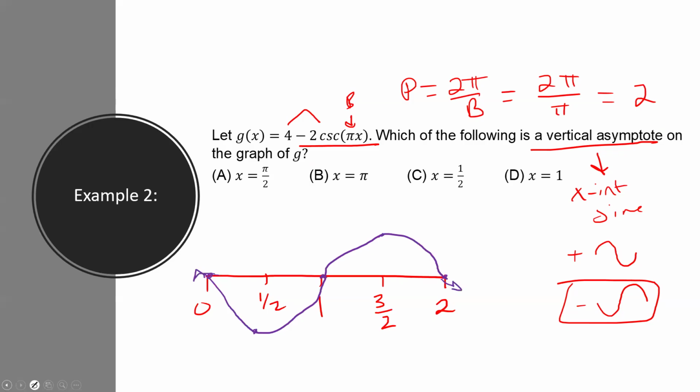Okay? Because we're looking for the vertical asymptotes, we're looking for the x-intercepts of our sine function. So everywhere there's an x-intercept, that's where our vertical asymptotes for the cosecant would be. We're here at 0, we're here at 1, and we're here at 2. And then it would continue, obviously. Now we can see the pattern. We would have an asymptote at every 1, 2, 3, every integer, right? So therefore the answer would be D.